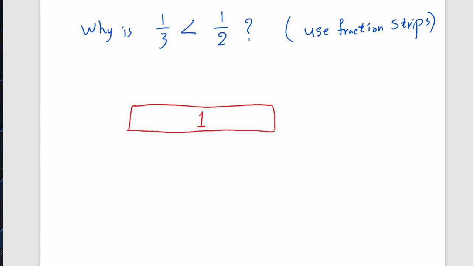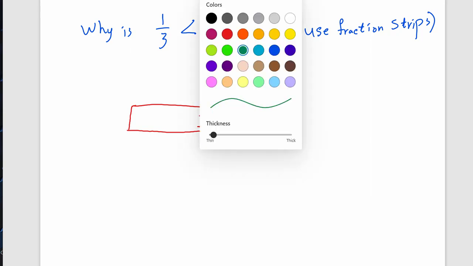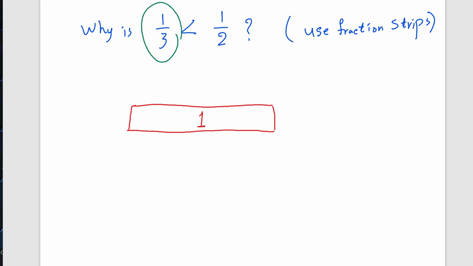No problems till now. I want someone to help me to draw 1/3. I want to draw a strip for 1/3. How can I do this? Okay, Adam.